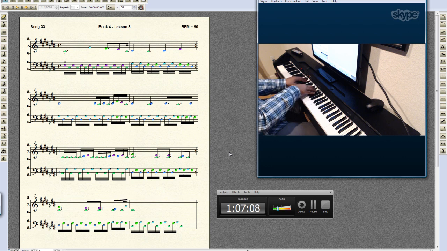Okay, you're right. I am trying to read those notes. Yep. Can't do it. Gotta let it go.